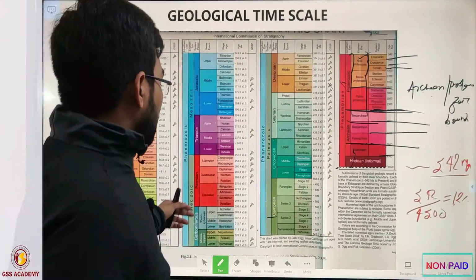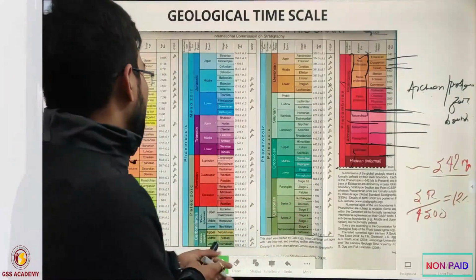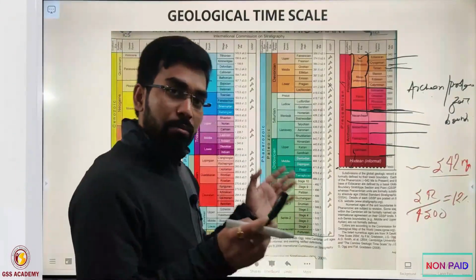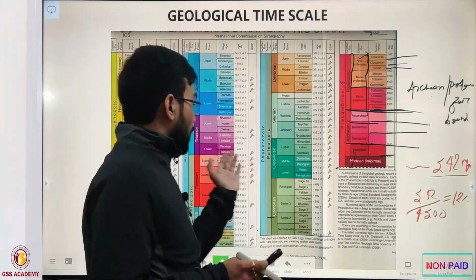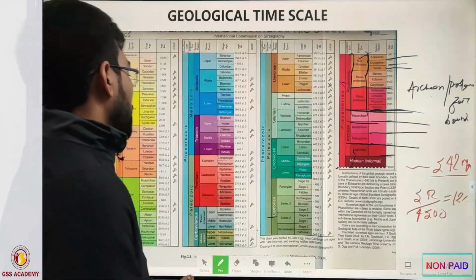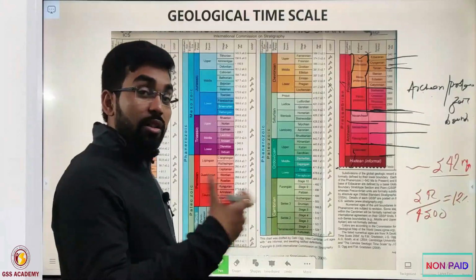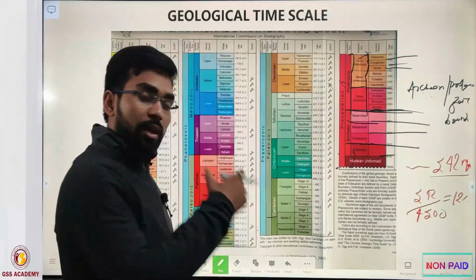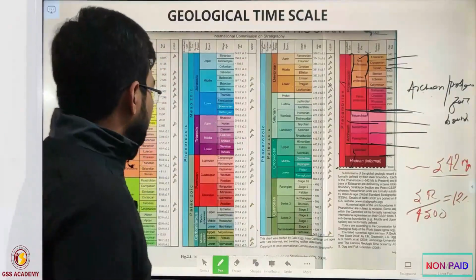After Carboniferous, there is the Permian that marks the boundary between the Paleozoic and Mesozoic, popularly known as the Permian-Triassic boundary, right? The Permian-Triassic boundary is marked by major changes, like extinction. About 96% of the species went extinct at this boundary.